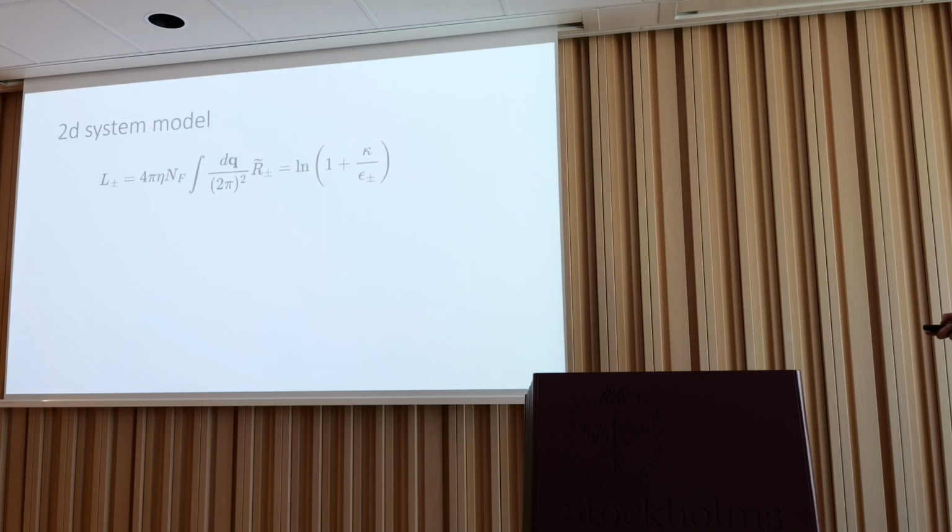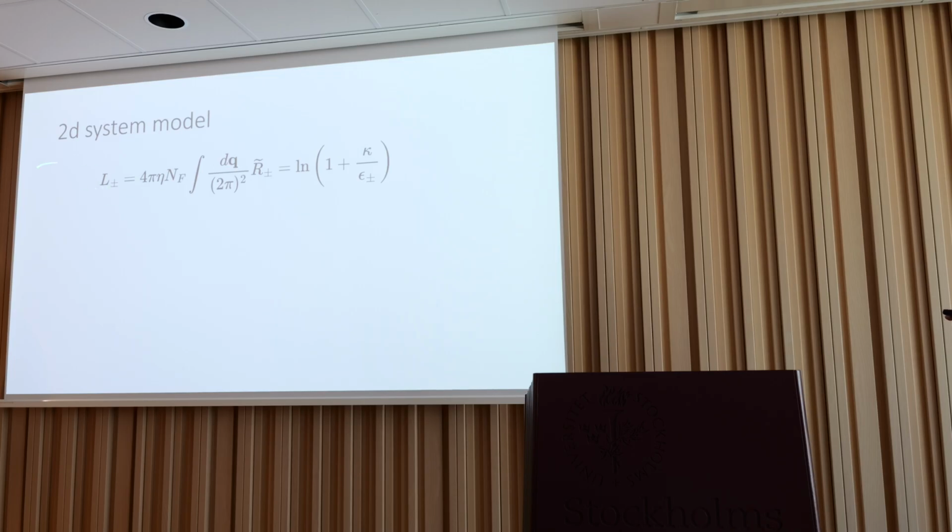Just to remind you, maybe I'll just show it. Basically right here. Then I can introduce the following variable. So this is for a 2D system now. If I integrate over momenta of this bosonic propagator, I obtain the following form. But the point is that I rescale it somehow.